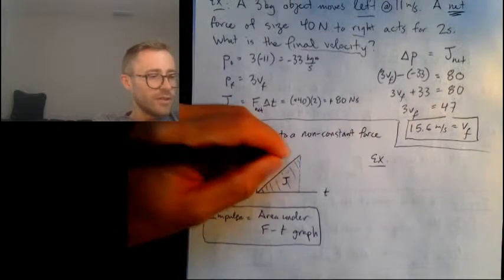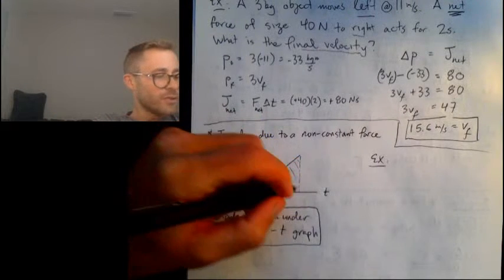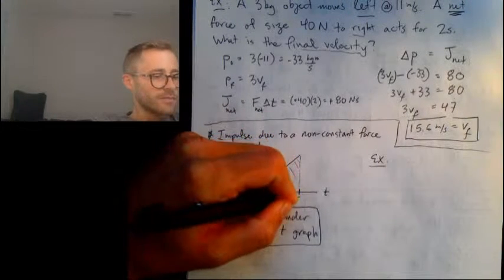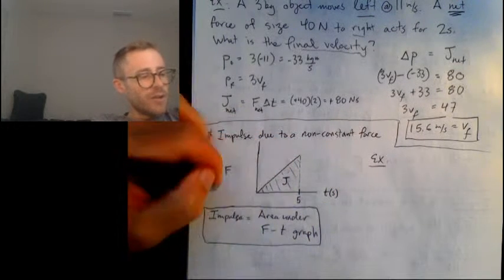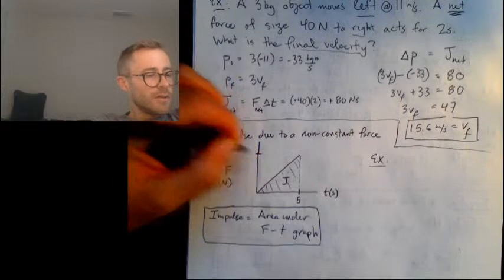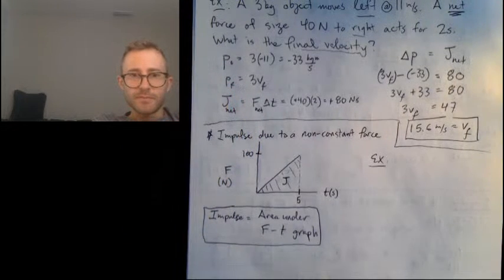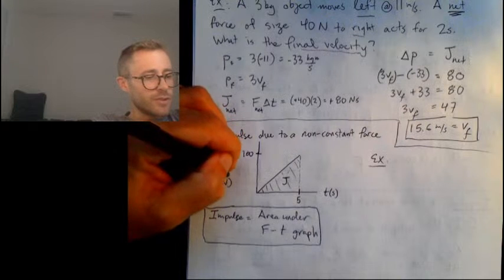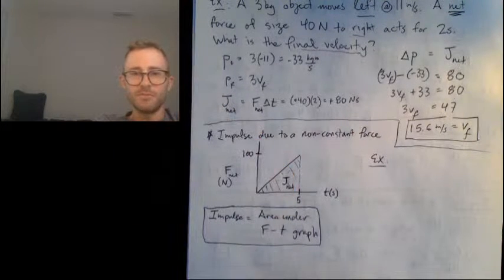So let's say that the force ramps up over the course of 5 seconds, and the peak value of the force is 100 newtons. And furthermore, let's suppose that this is the net force, so that this would be the net impulse, okay?